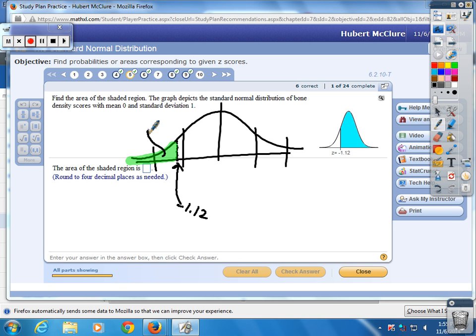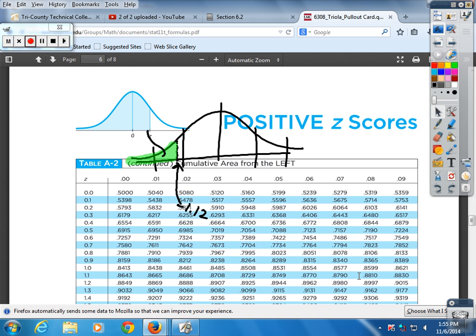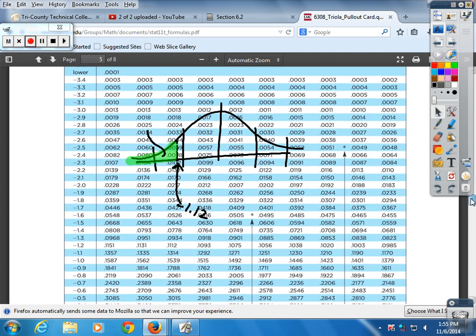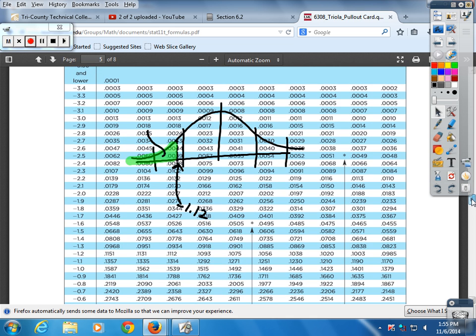So we go to our handy dandy table, and do we get positive or negative? Negative, and we need to find negative 1.12. So 1.12 is going to be 1.0, and then we're going to add the 10 cents, and then we're going to add what? 2 cents.